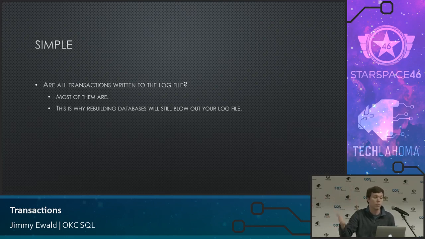The difference between simple and full is that you don't have to back up your log file in order to truncate the log file, if that makes sense. So if I inserted 1 billion records into a table at the same time, one transaction, it would all be inserted, and it would have to use that much space in the log file, okay?